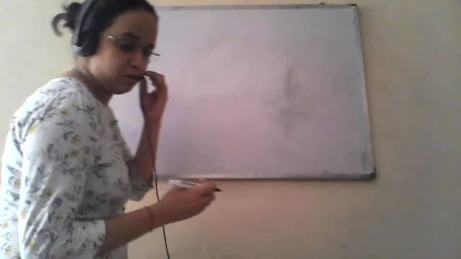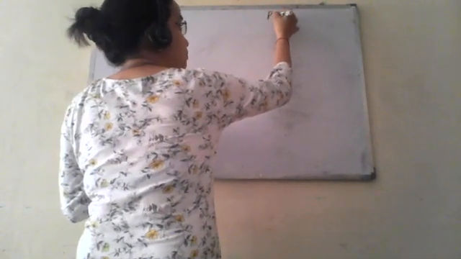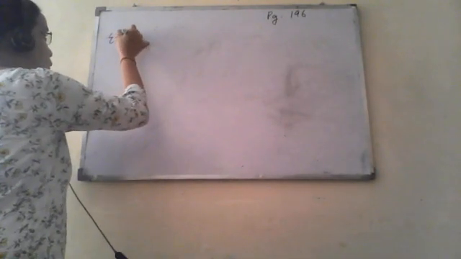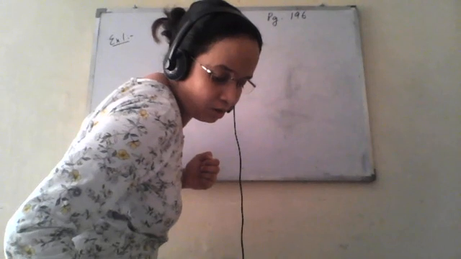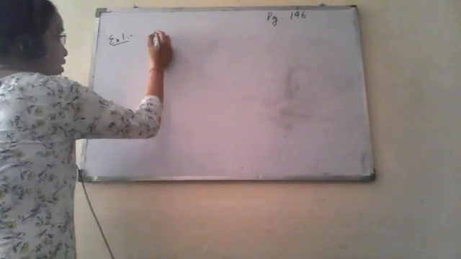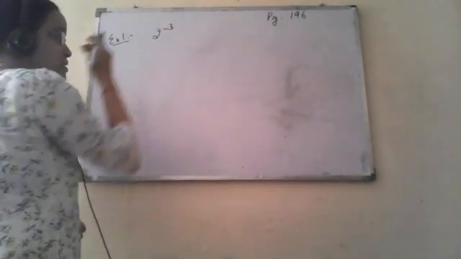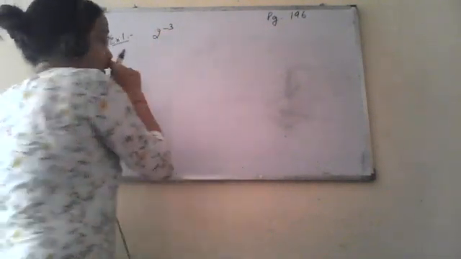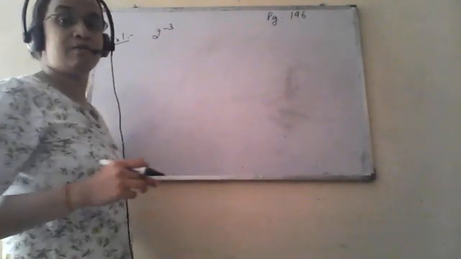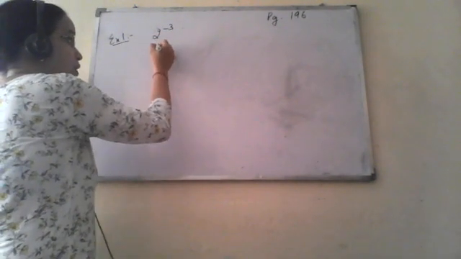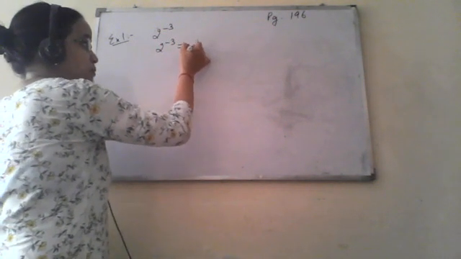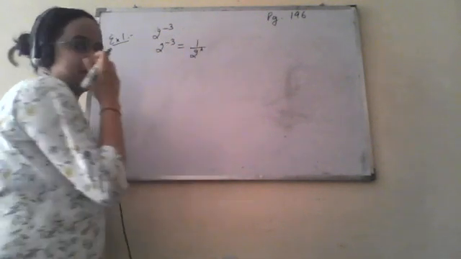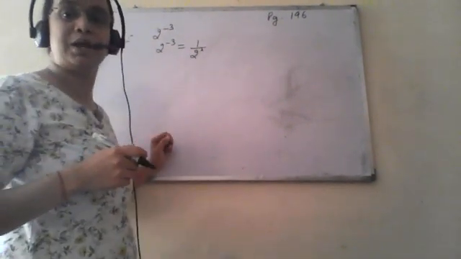Now example first, that is on page number 196, example 1. We have to find the value of 2 to the power minus 3. In order to write it with a positive exponent, 2 to the power minus 3 is equal to 1 upon 2 to the power plus 3, as I told you, the case of the multiplicative inverse.